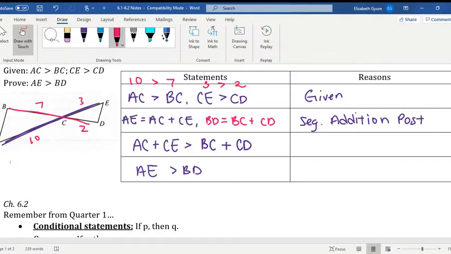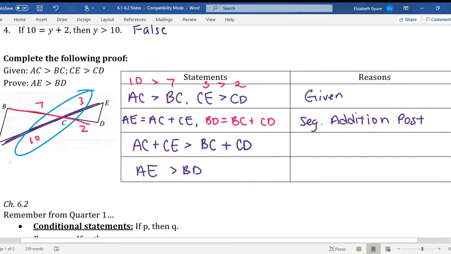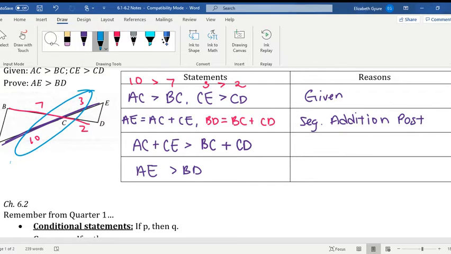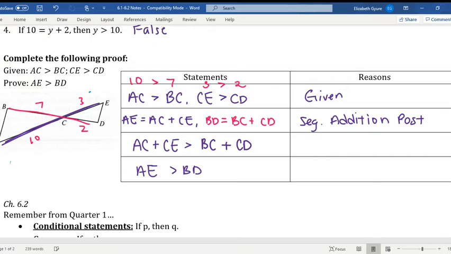Well, if I add 10 plus 3, I'm going to get 13, right? And if I add 7 plus 2, I'm going to get 9, right? Wasn't 13 greater than 9? That's basically what we did, except instead of numbers, they were segment names.